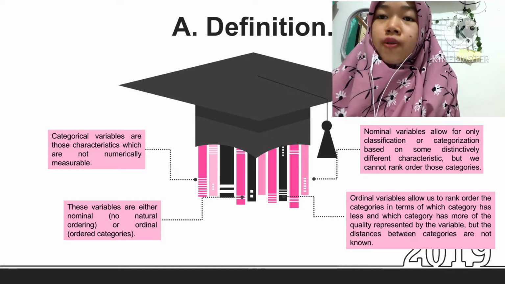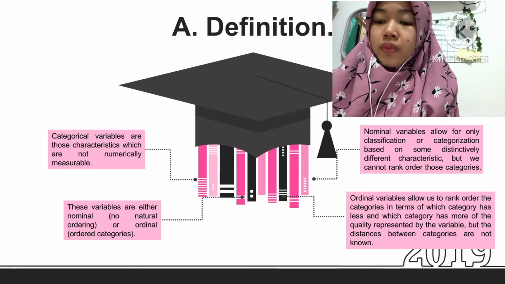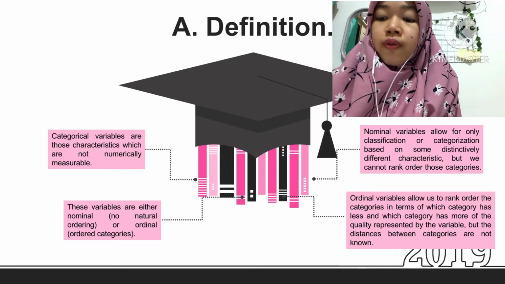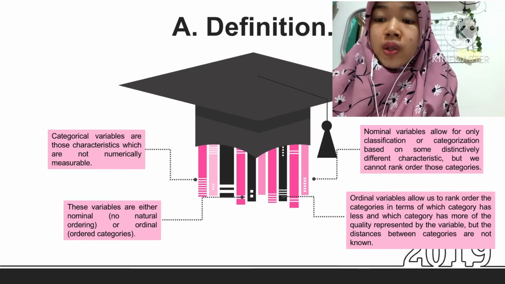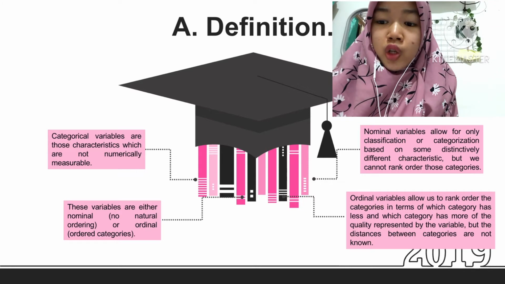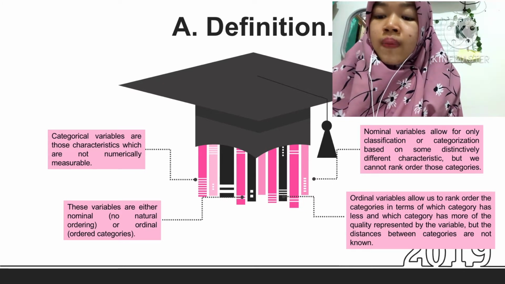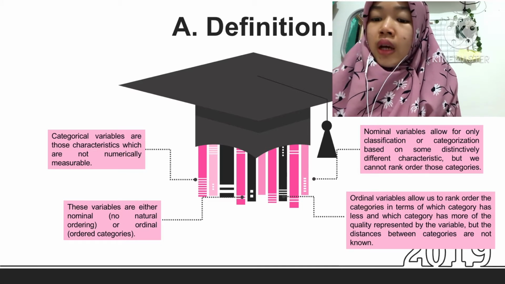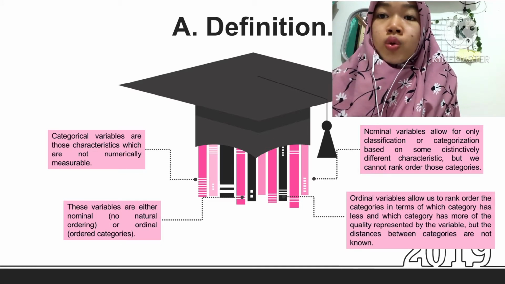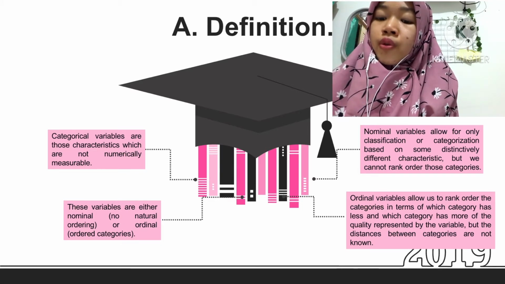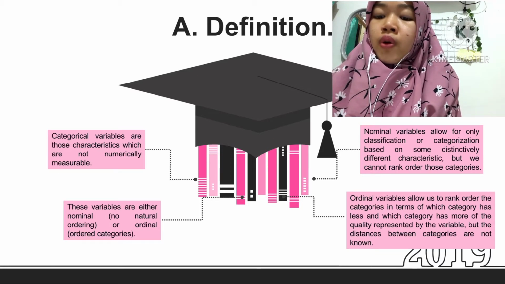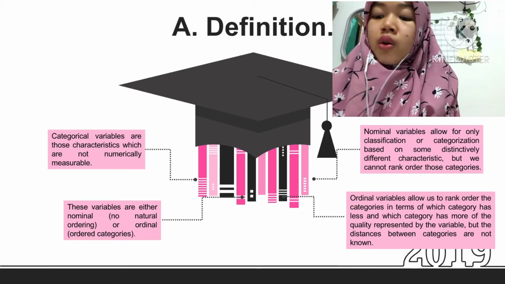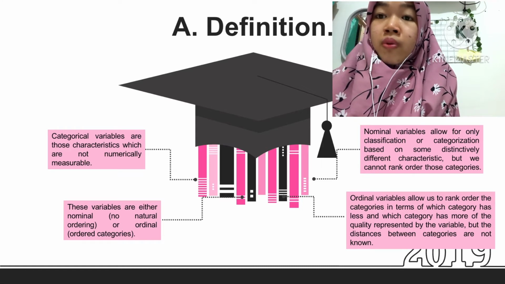So what is the difference between them? Let me tell you, the first one is nominal variables, which allow only classification or categorization of categories that have different characteristics, and we cannot rank order those categories. This is different from ordinal variables.